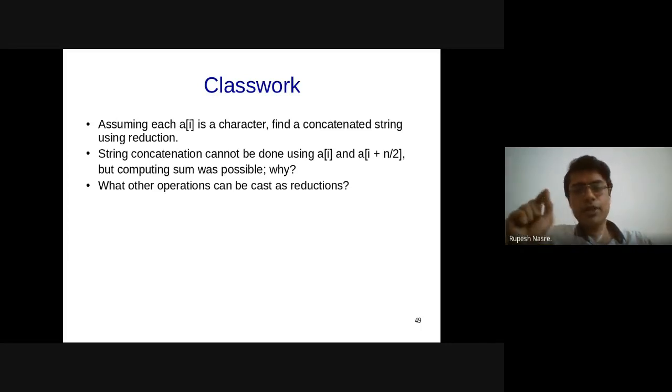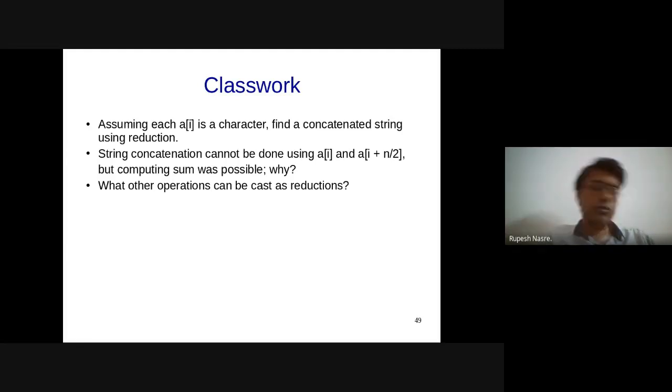Exactly the same thing you have to use to concatenate these different strings. There will be some small issue that you might face because it's not sum that you will be using, but you will have to work it out because you will have to concatenate strings. So that needs to be worked out, but I leave it as homework for you. Do try it out. I think it's an interesting way to do it.